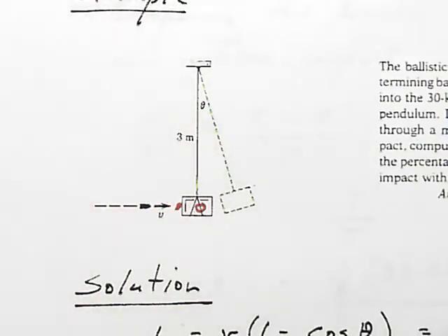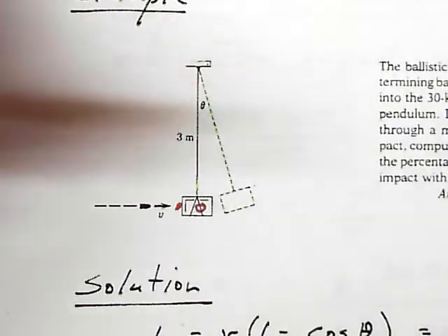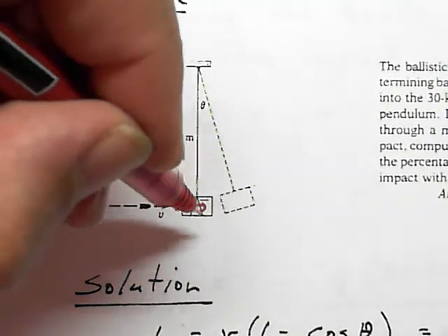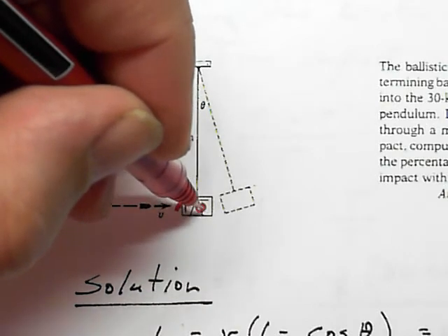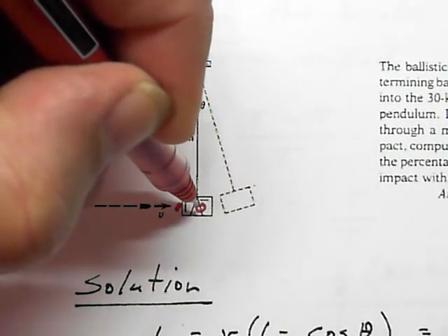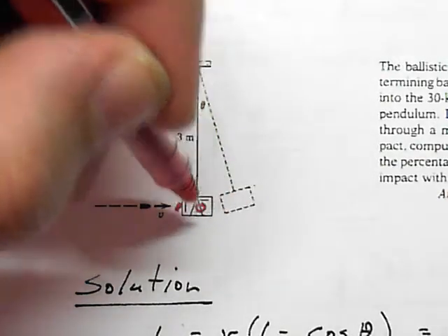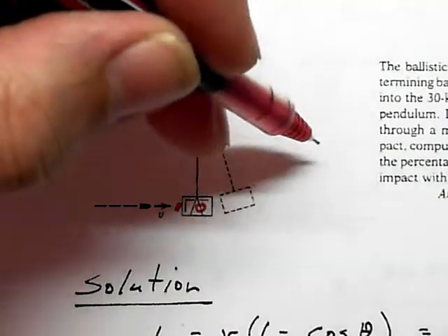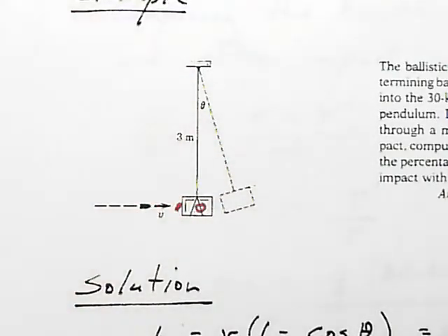That takes some time. So our stage 1 is pre-collision. Our stage 2 is right after the impact process is over, but the box has just barely started to swing up, and we will actually ignore the amount that the box has swung up while the impact process is happening. We're going to assume the impact process takes an unknowable, very small amount of time.